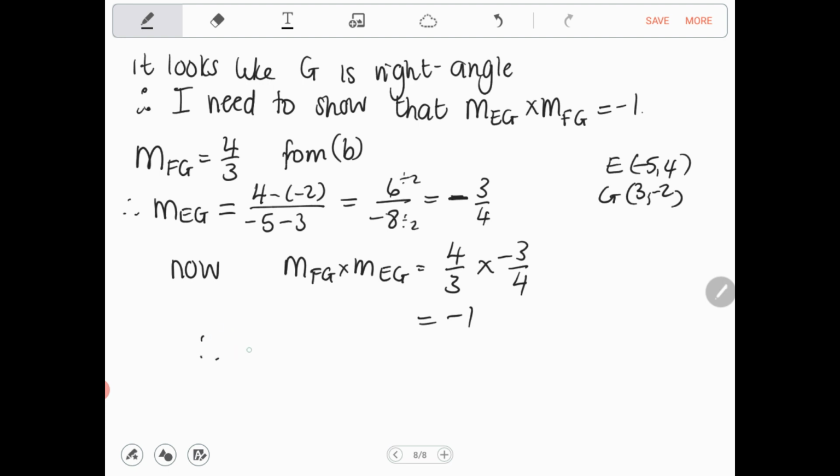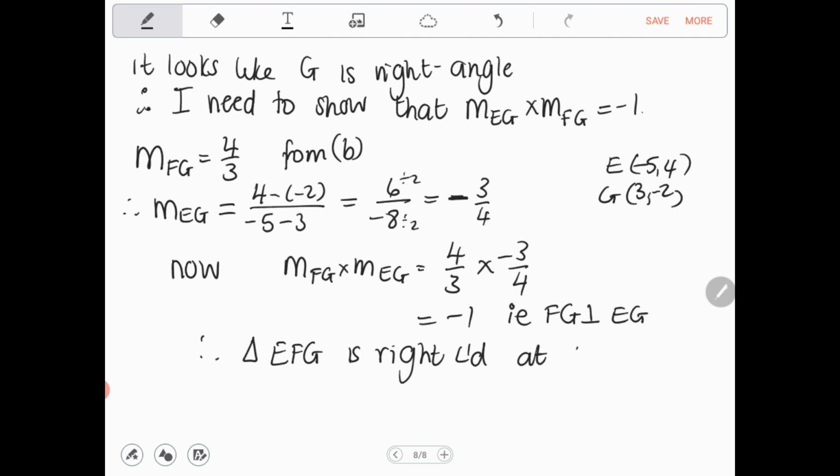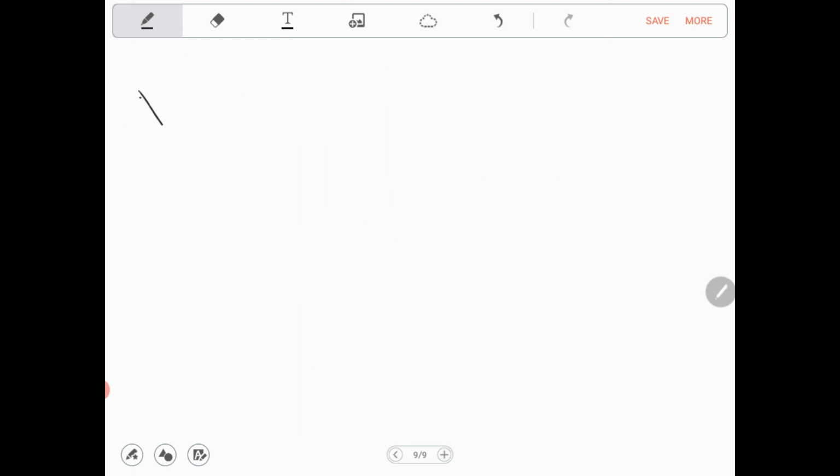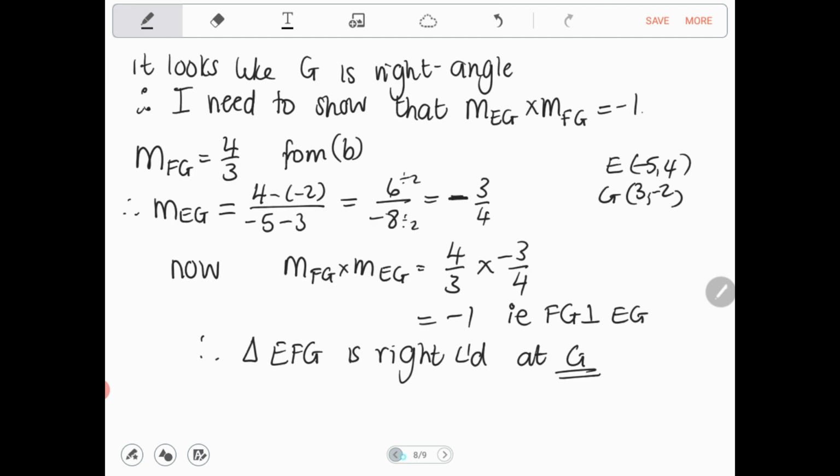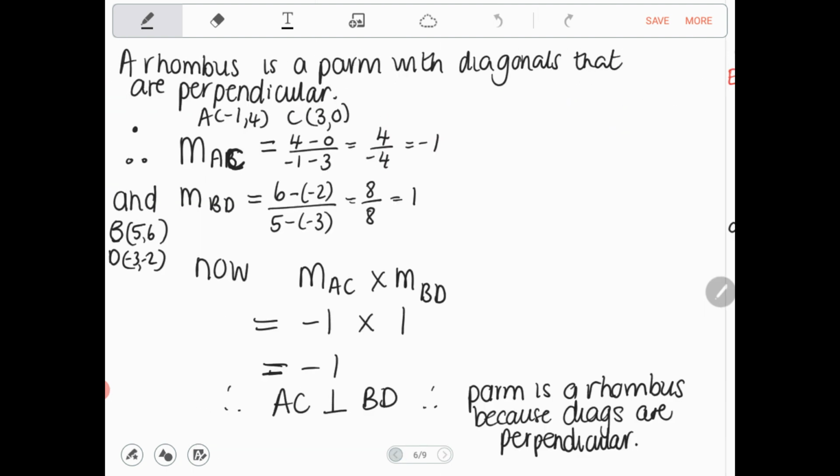That means that triangle EFG is right-angled at G. Alright, so I've just proved that the triangle is right-angled at G. I'll quickly just put, oops, sorry.